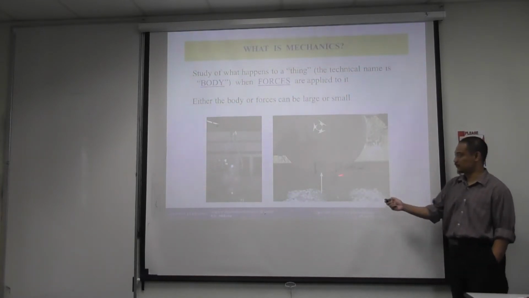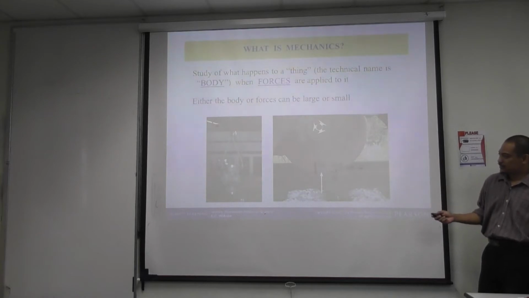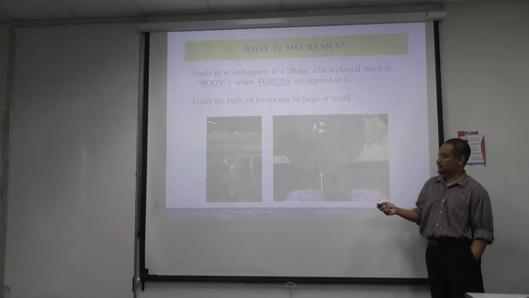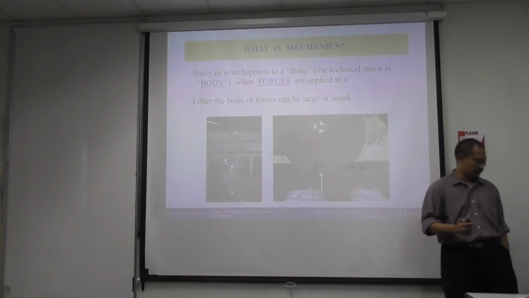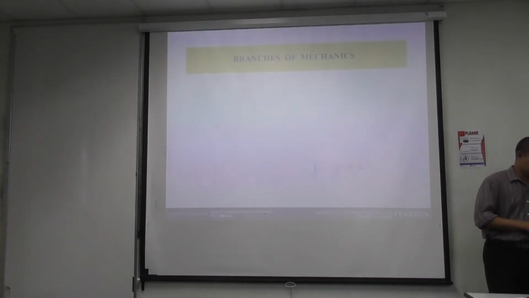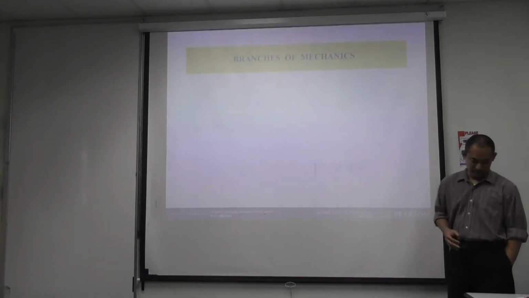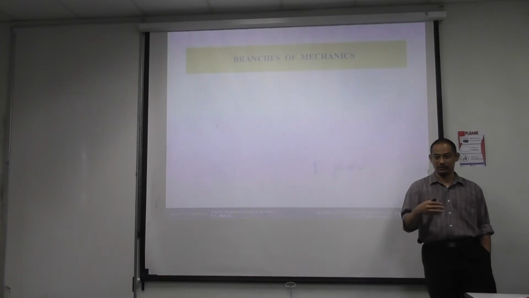For example, this is the wheel of a train on the train track. Any case where there's interaction of forces can be considered as part of the analysis under mechanics. So mechanics is quite big because any object can have force applied to it.